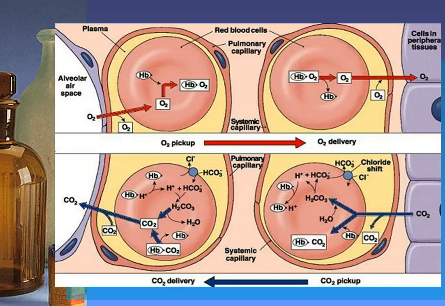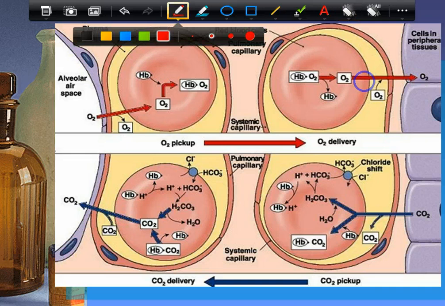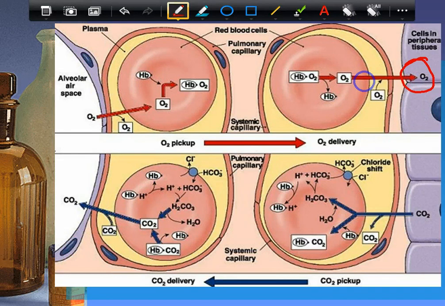This is a picture out of your lab book showing everything I've gone over. Up here at the top is oxygen transport, again starting at the lungs right here, and as you're shifting that way, the oxygen is getting over to the tissues.